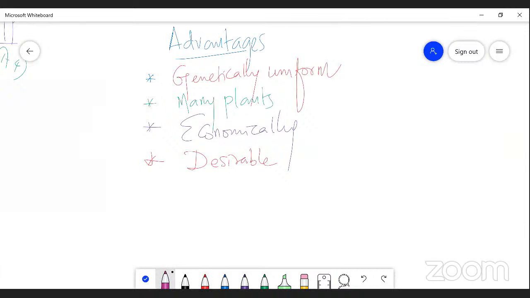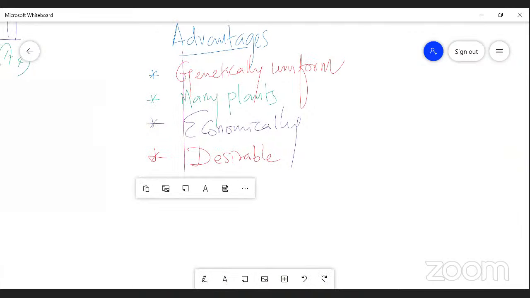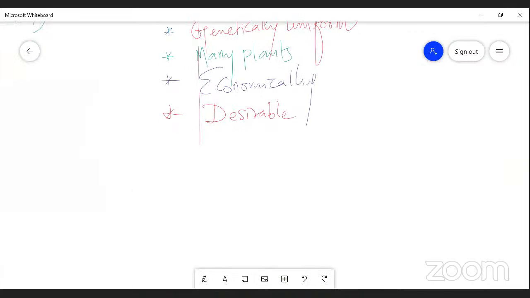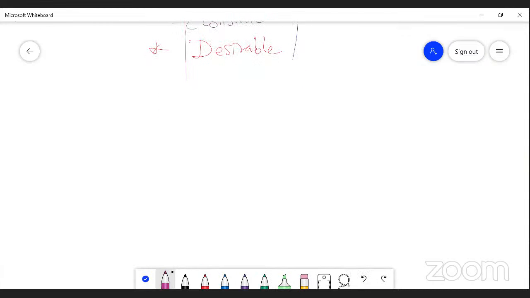And what are the disadvantages of this method, the artificial method?